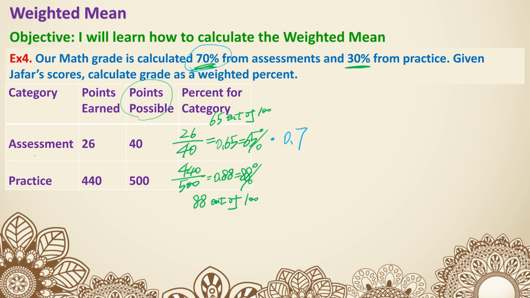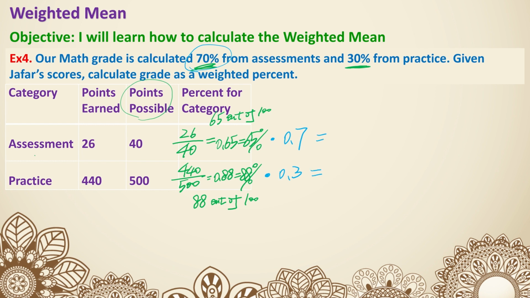You can also just multiply by 70. That works as well. So 0.7 is converting this 65% or 65 out of 100 into out of 70. And then for practice, we're converting this 30% or 0.3 to be out of 30.